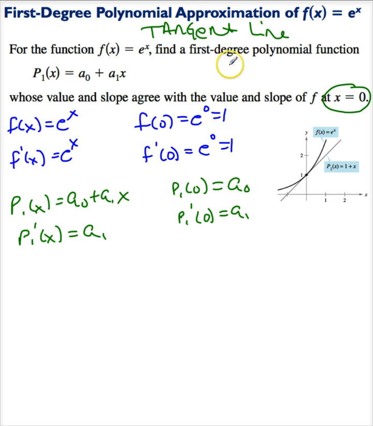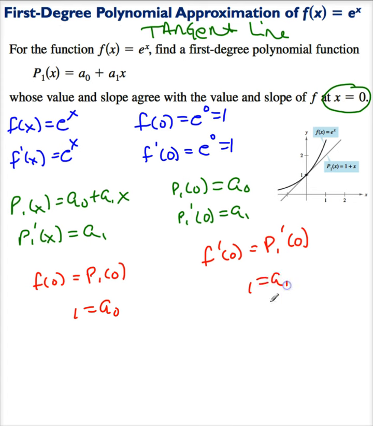So I'm looking for a function so that these agree at the point x equals 0. So what do I need? I need f of 0 to equal P1 of 0. So I have 1 is equal to a0. I also need the first derivative to equal P1 prime at 0. So I have 1 is a1.